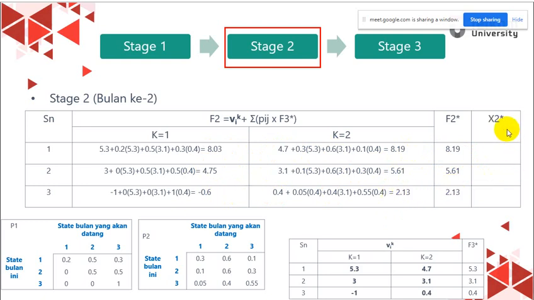And then the decision for 8.19 is 2, so it will be 5.61 is 2 again, and 2.13 is 2 again. Okay, so we can see whatever the condition in stage 2, our best decision is doing overhaul, or 2. Yeah. So 2 is overhaul, 1 is not overhaul, and this is overhaul. Okay.